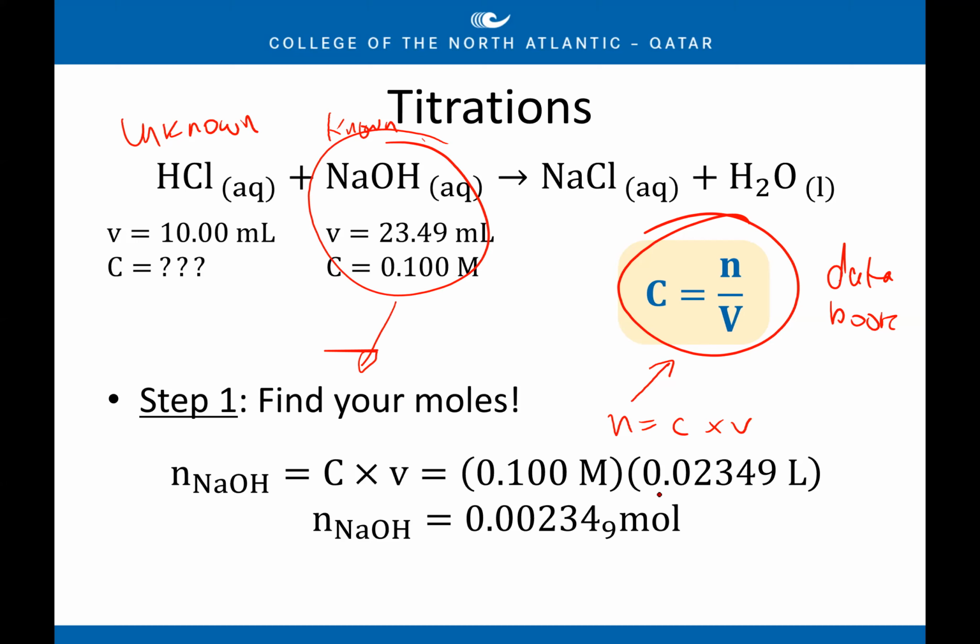One thing before I move into the next slide is notice we converted milliliters to liters. We use liters in this calculation. So I divided that number by 1,000. That's how I got the liters. Okay, so that's step 1. Find your moles. Concentration times volume. Don't forget to change your volume to liters.